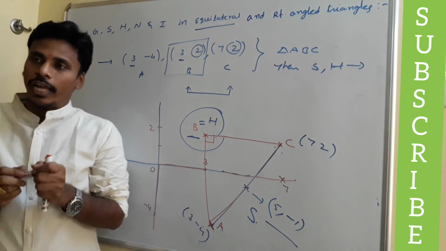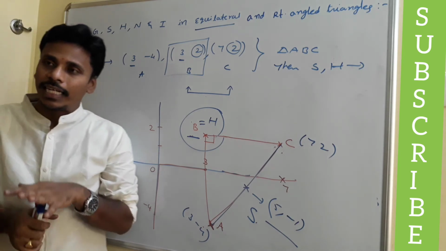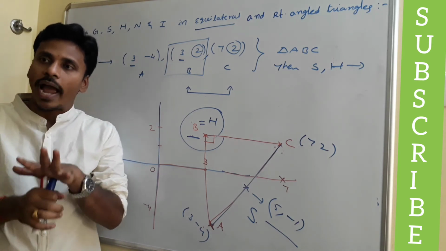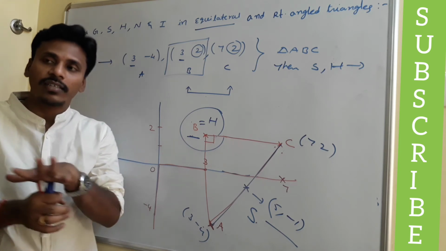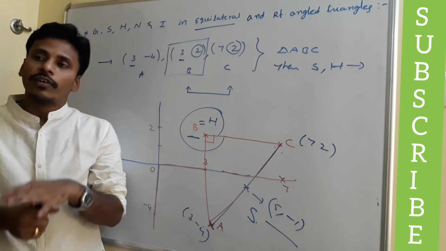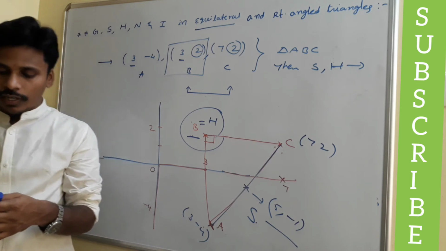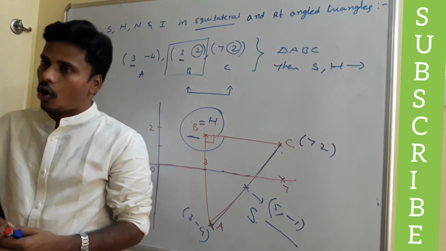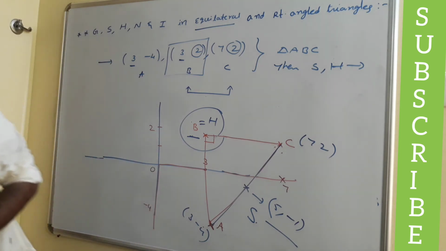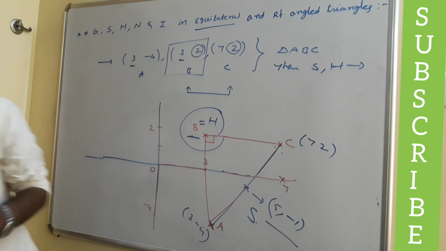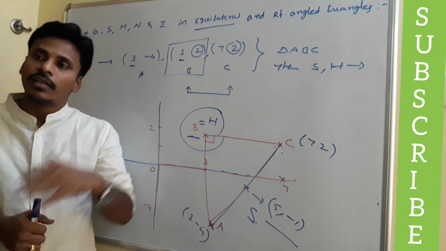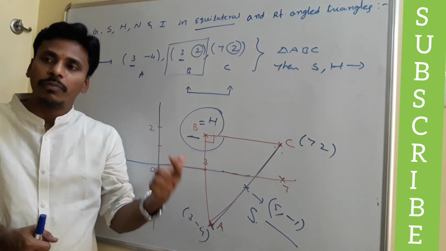What I am going to tell you is, for a right angle triangle, it is very easy to identify the orthocenter and circumcenter. So, first of all, you need to check whether the given 3 vertices form a right angle triangle or not. One way to check is using the distance formula AB, BC, CA.